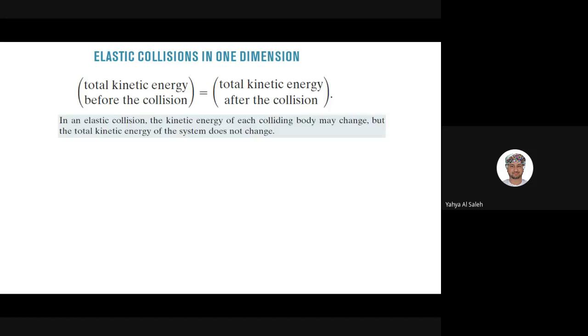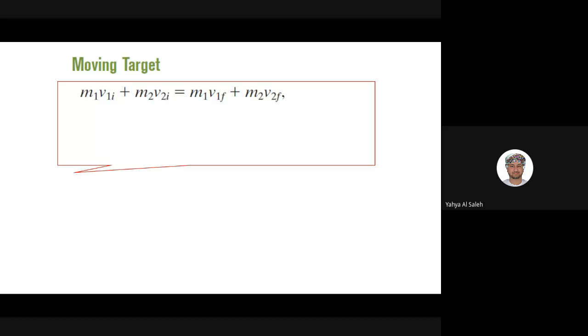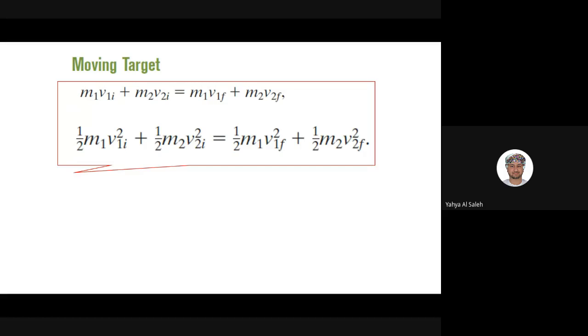And so is momentum. Okay. So if something is moving, we have m1, m2, m1 v1 plus m2 v2 equals m1 v1 plus m2 v2. This is Pi equals Pf. And we also have for the kinetic energy, initial equals kinetic energy final.